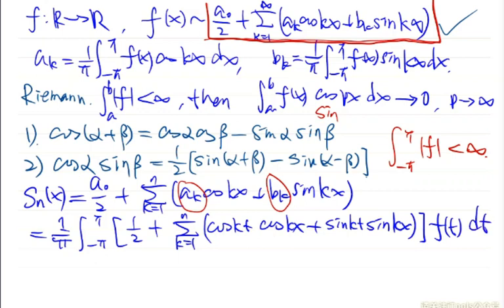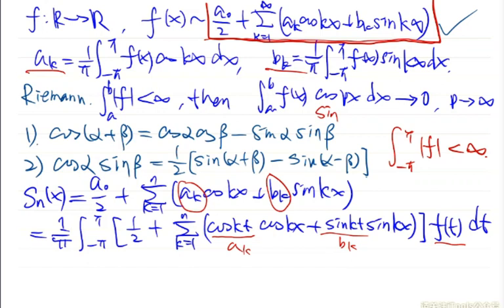We change the integration variable in the expression of a_k and b_k to t, because we already have x here. So the expression for the coefficients a_k and b_k needs to use another letter, say t. The integral of cosine kt f(t) is a_k. Similarly, sine kt f(t) gives us b_k. So we need to simplify this expression.